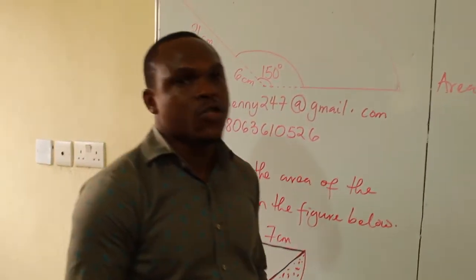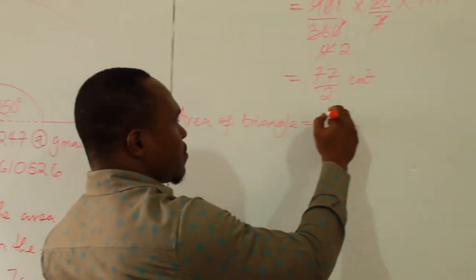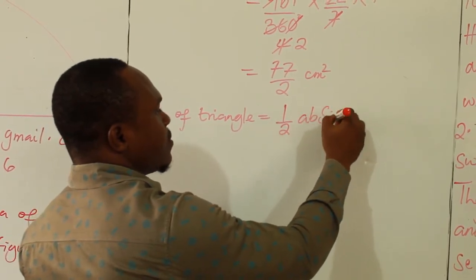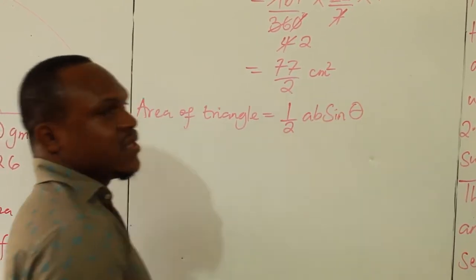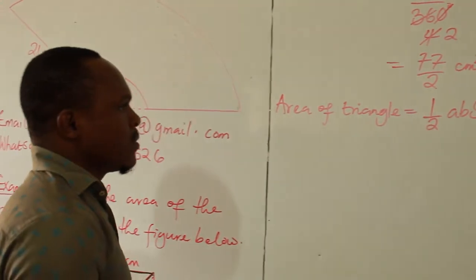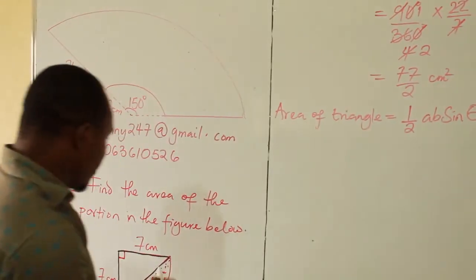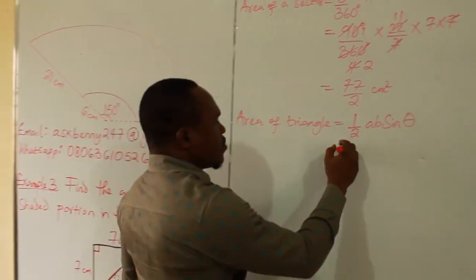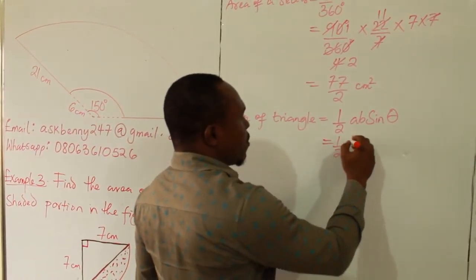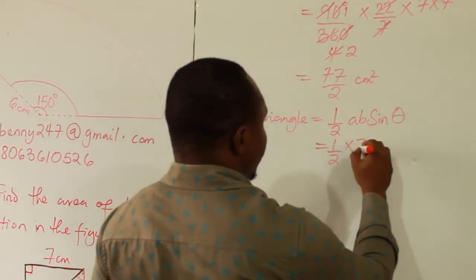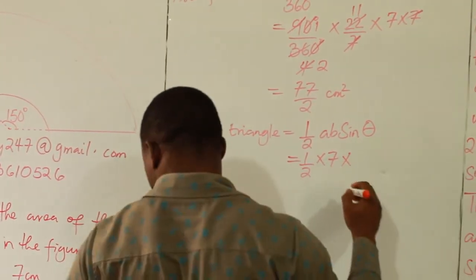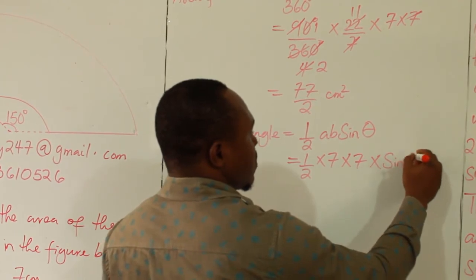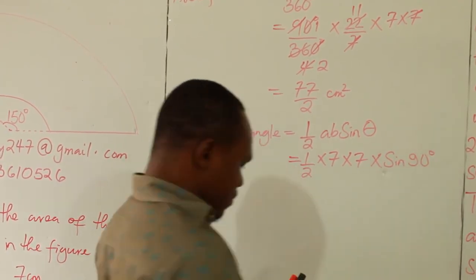So the formula we're going to use is, area of a triangle is half ab sine theta, where theta is the included angle and a and b represent the lengths of the sides given to us. So this will be 1/2 multiplied by a, which is 7 centimeters, multiplied by b, which is also 7 centimeters, multiplied by sine 90 degrees.